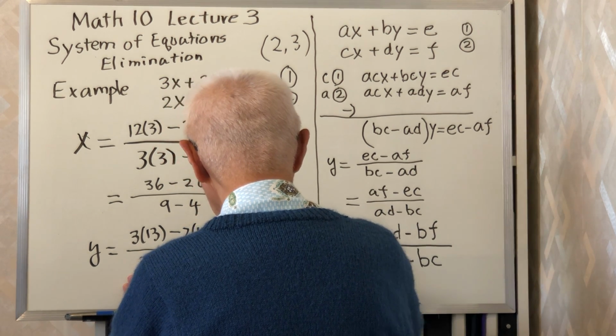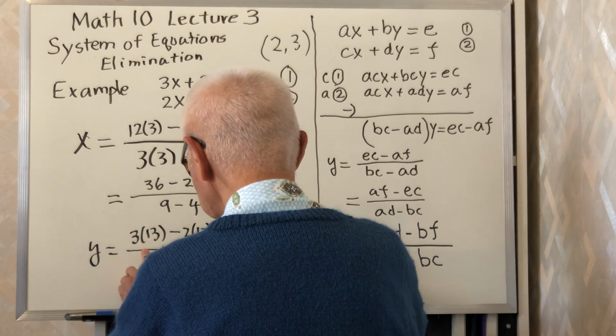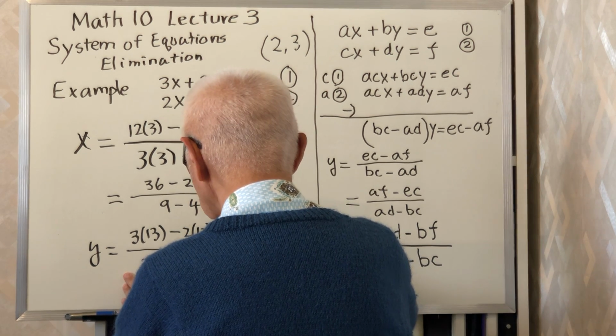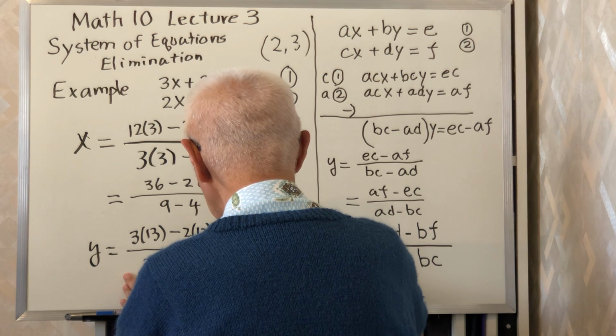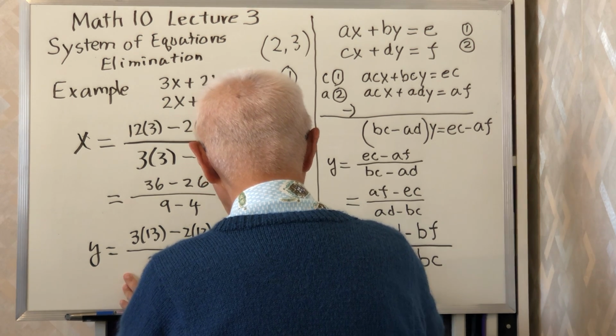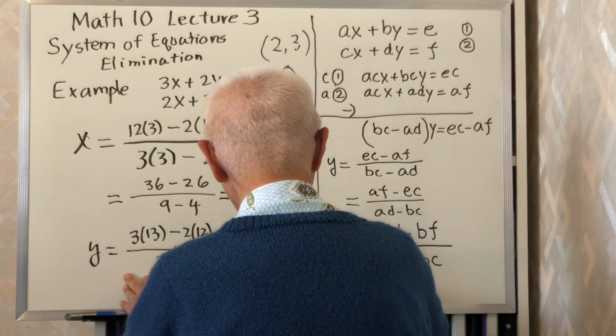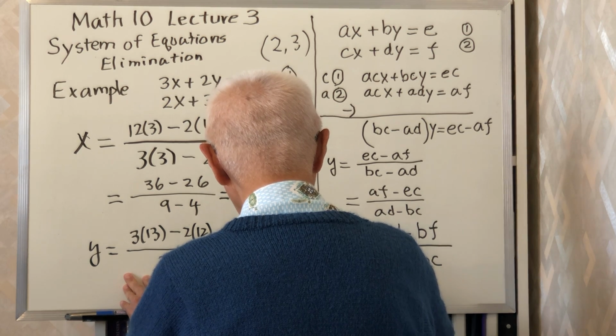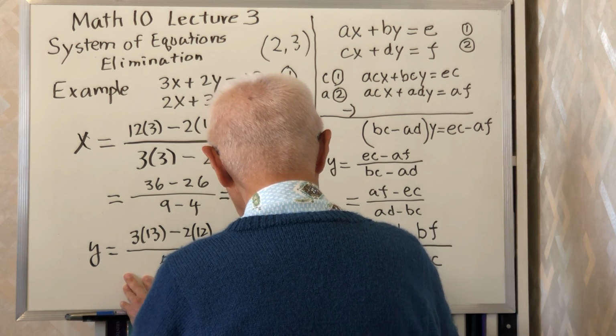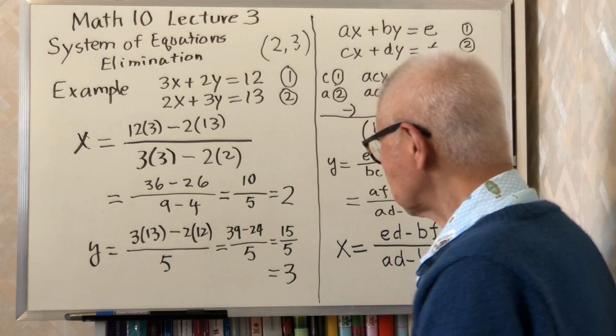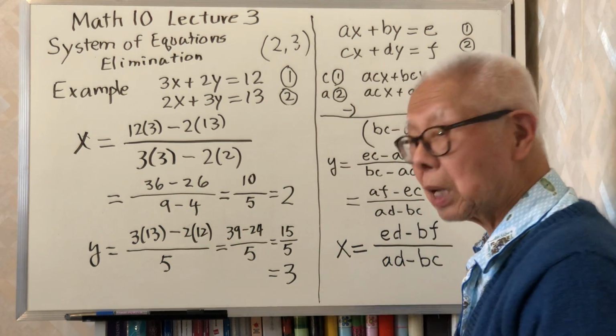So this is 5 at the bottom, 39 minus 24. This gives you 15 over 5, and this is 3. See that? Same result.